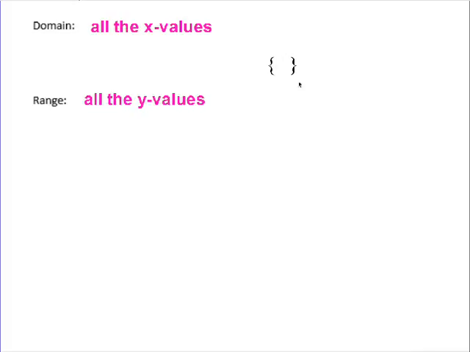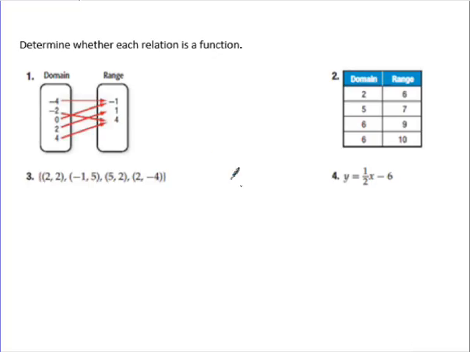So anytime we're writing a set of things, we put them inside these brackets. And you're just going to do your best to draw them. I don't draw them very well, as you'll see when we do examples in class, but just do your best to draw those little brackets around the set of numbers that are in the domain, and then around the set of numbers that are in the range.